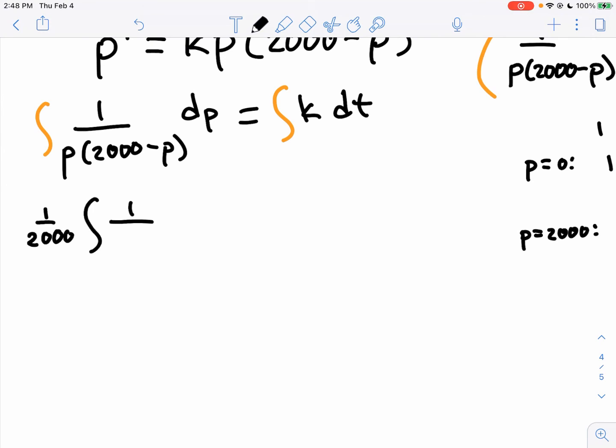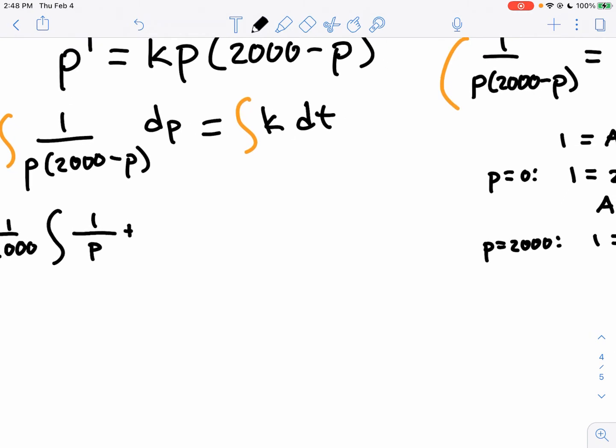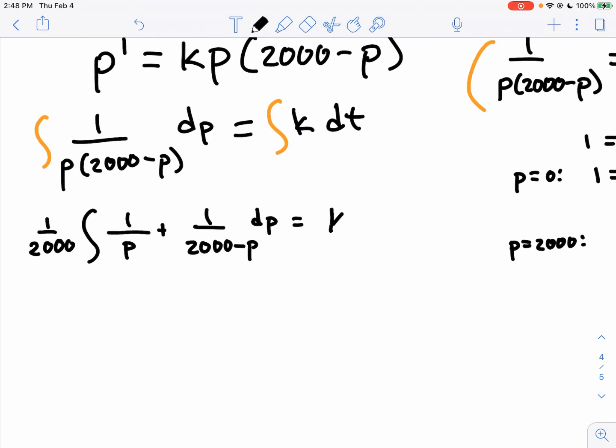So we had A was over P, plus B was also over 2000 minus P. Of course, this was the A and the B both. It was here and here, but I factored it out, so it's now there, just to keep the integration easy. And the other side is kt plus a constant. Okay, so we finished setting up this side, but now we still have to finish integrating this side.